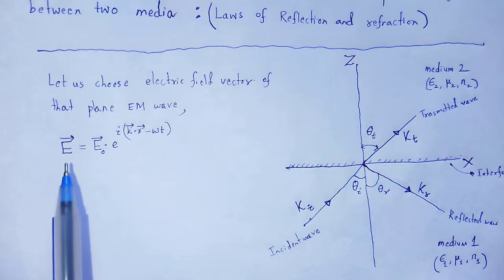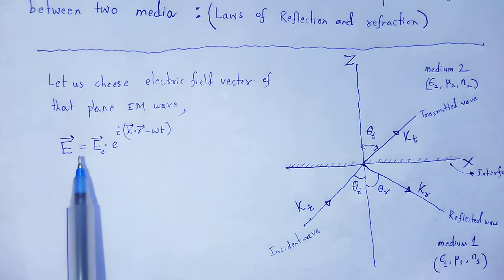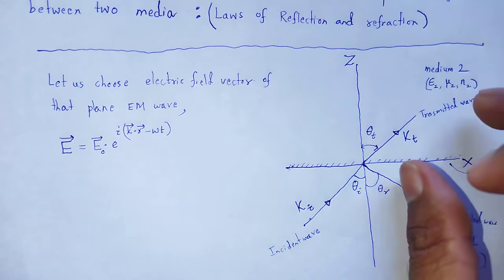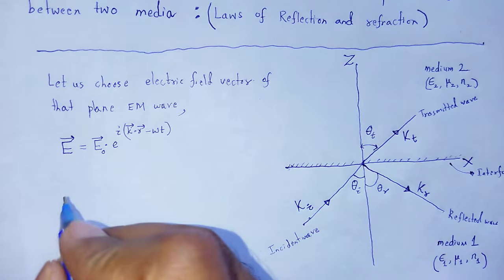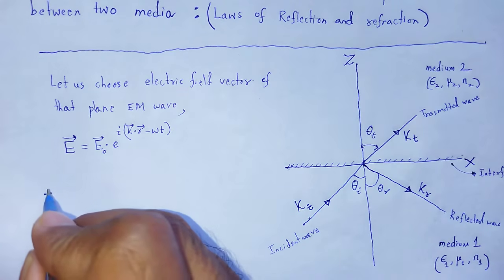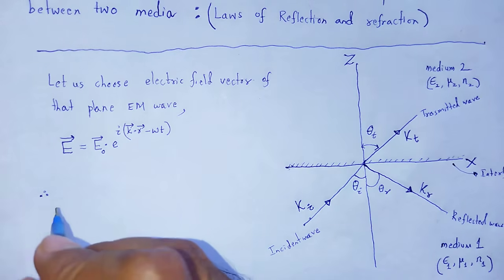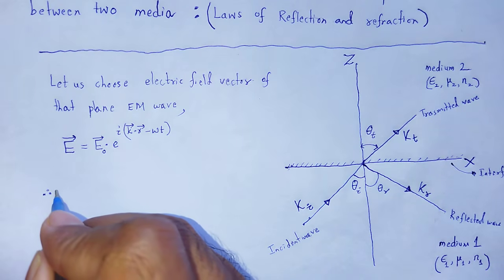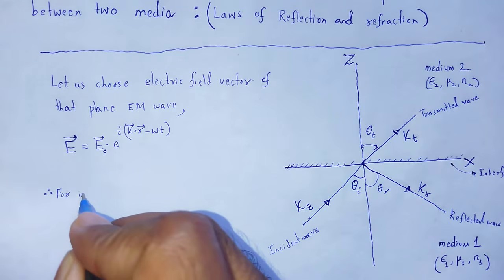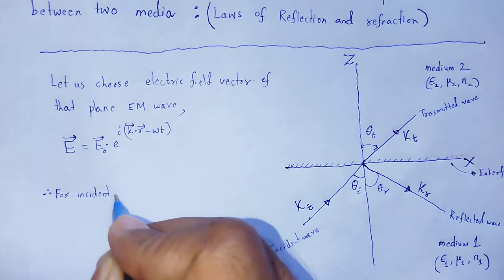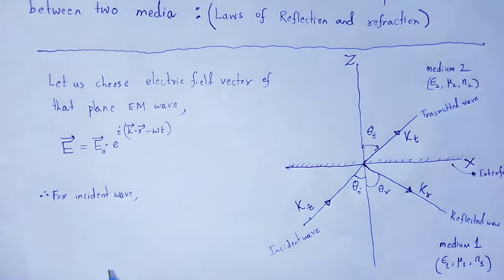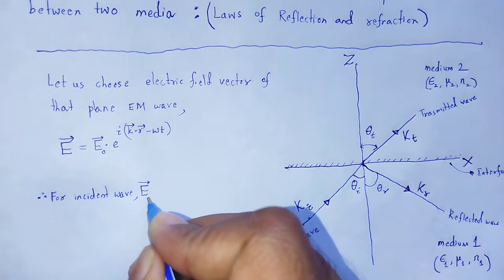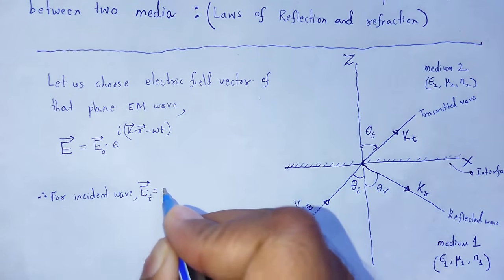Now we can write the electric field vector for the incident wave, reflected wave and transmitted wave. Therefore, for the incident wave, it is written as E i with the notation.